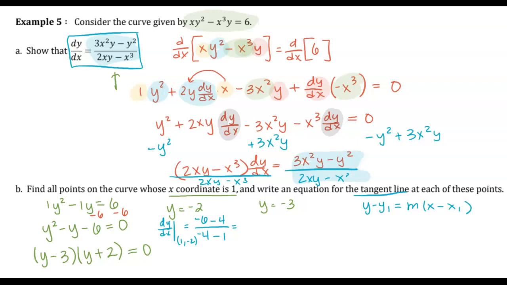So we get -10 over -5, a +2 for our slope. So already I could write out line number 1: y plus 2 is equal to 2 times the quantity x minus 1.